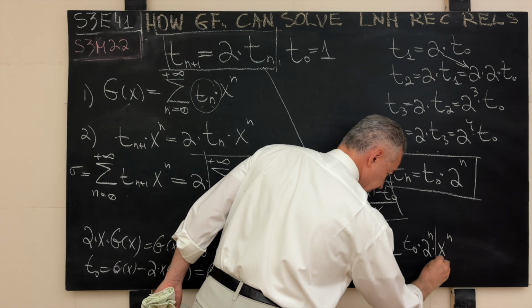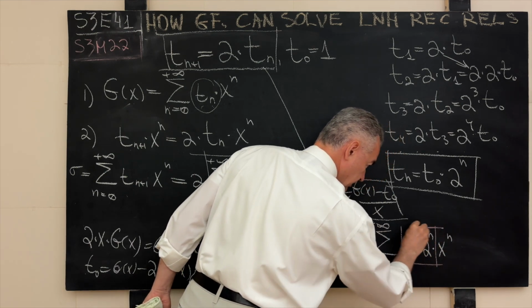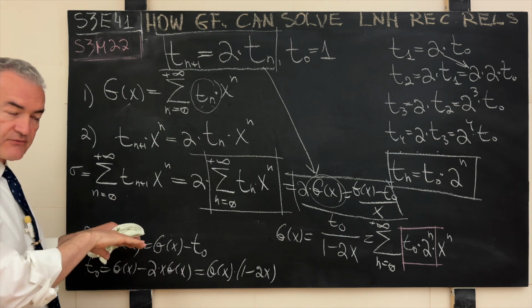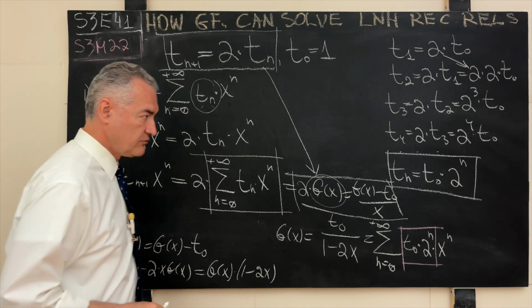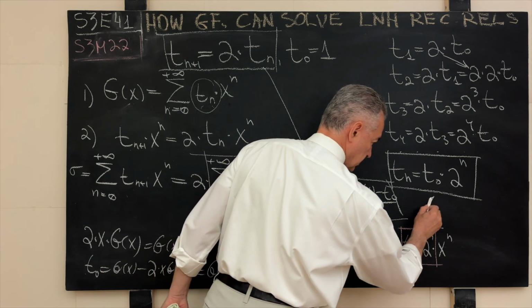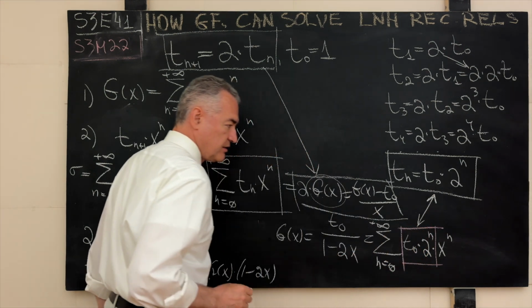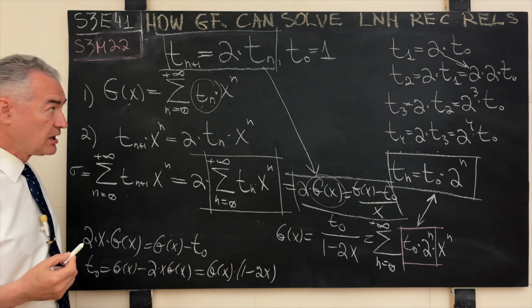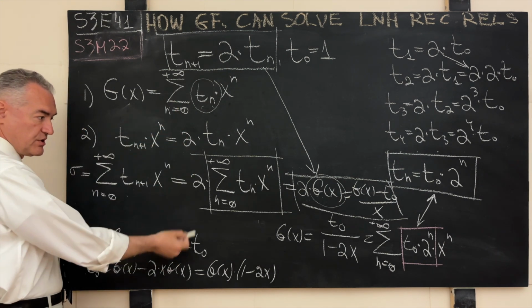In other words, this right here is precisely our numbers t_n. This is how generating functions take care of business. And what is this? Look at this. Do you see anything familiar? Yes, you do. We obtain exactly the same answer, but using the notion of generating functions.